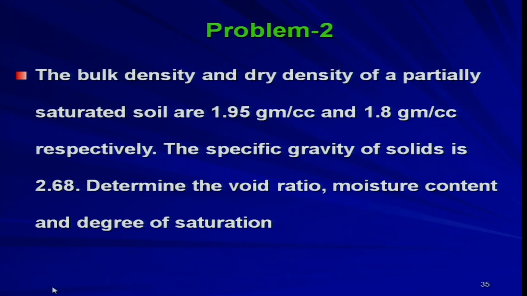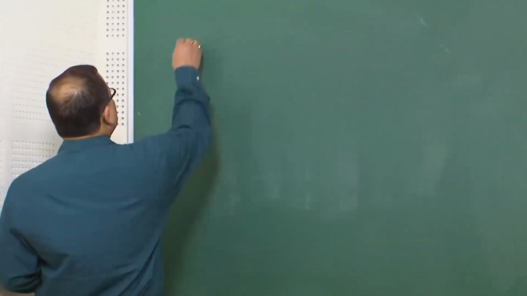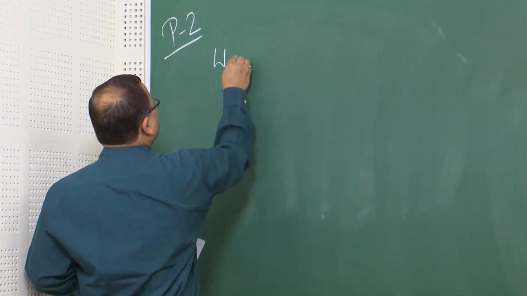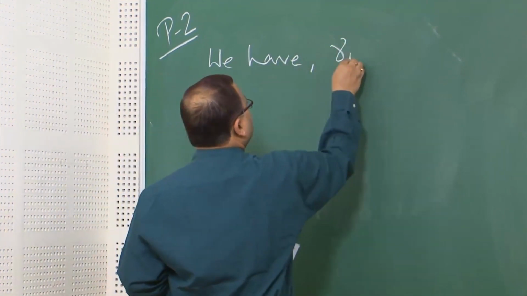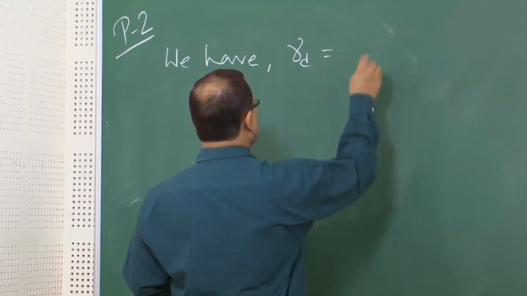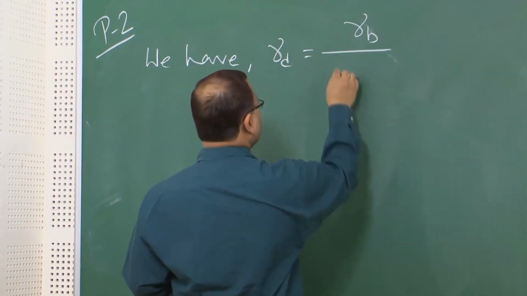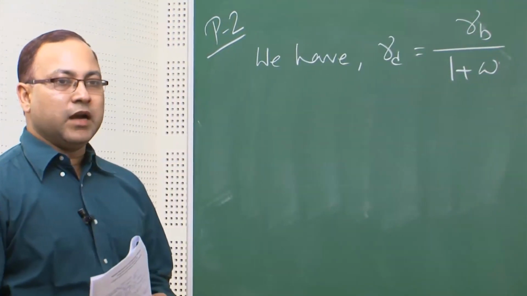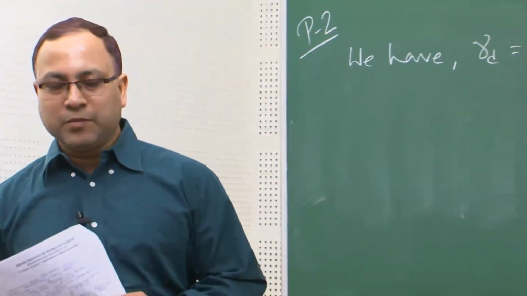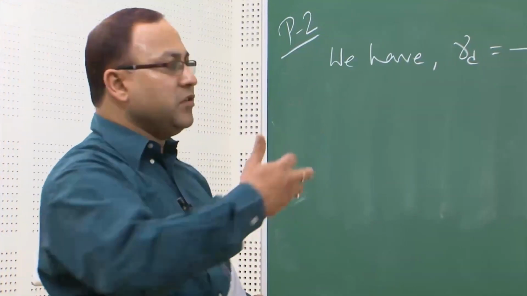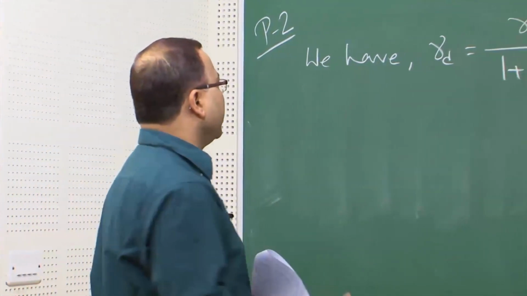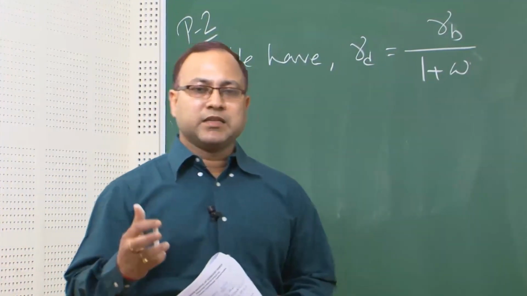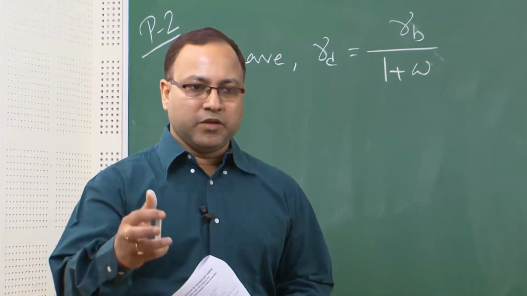So let's solve this problem. Problem 2: we have gamma D, that is dry unit weight, equal to bulk unit weight by 1 plus moisture content w, right. This relation is not new or empirical. You can establish it from the basic definitions of gamma D, gamma B and moisture content, and you will find it in any of the textbooks I have suggested.